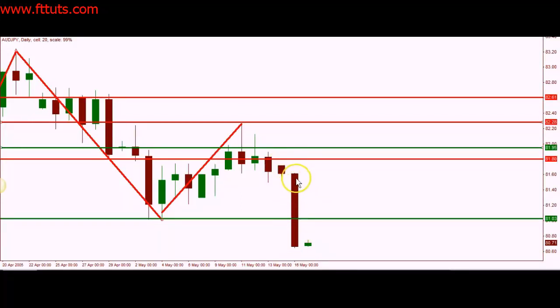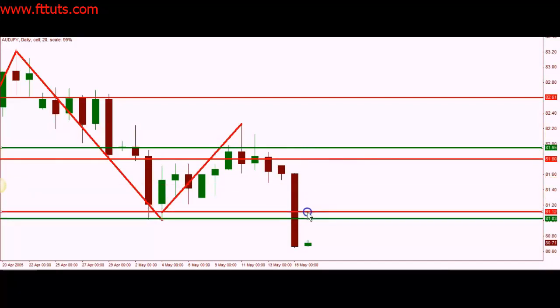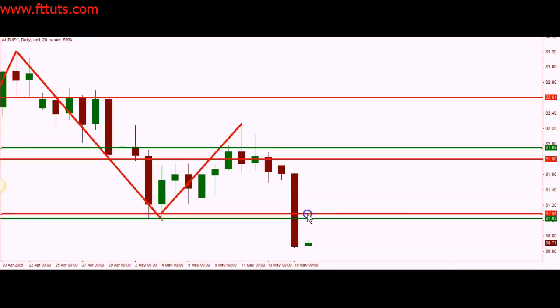And this probably was done with news more than likely. So what I'm going to do now is move my stop loss all the way close to this support and resistance level. And I'll give it a little buffer because now the market could come up, bounce off of this level, and continue to the downside. All right, so we'll see what the market's going to do.